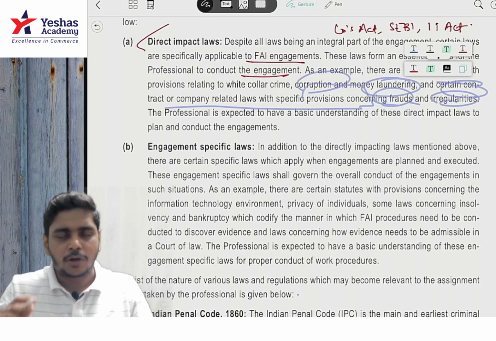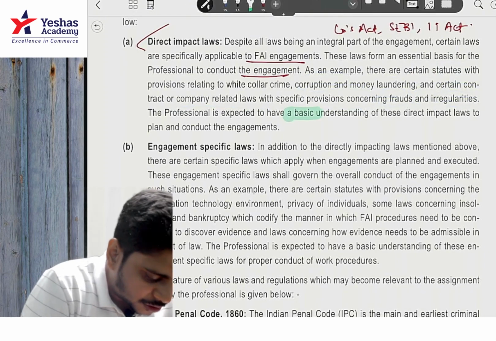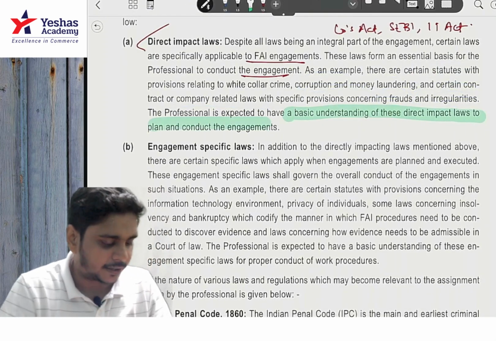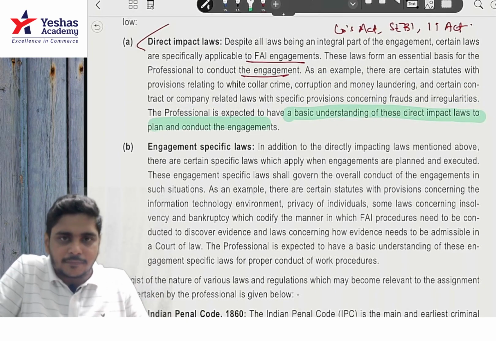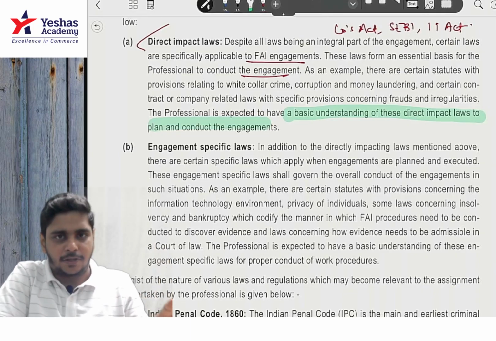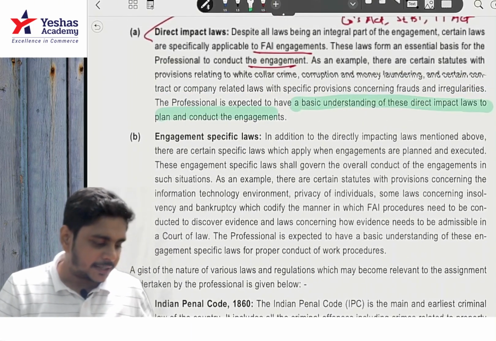The professional is not needed to be an expert. He should have basic knowledge of these direct laws impacting to plan and conduct the engagement. For example, I do not have an idea of income tax. It's okay, I should just have a basic knowledge. So these are direct impact laws.